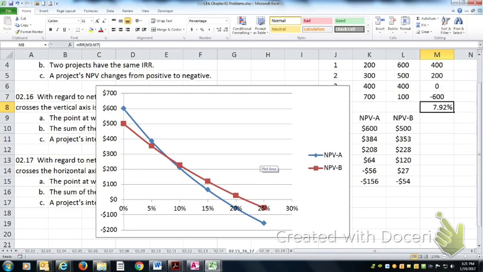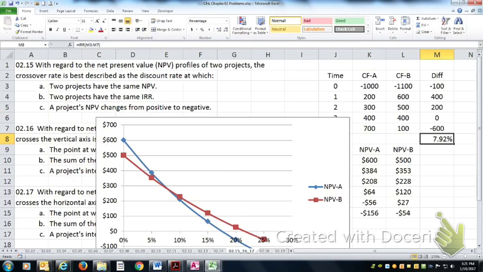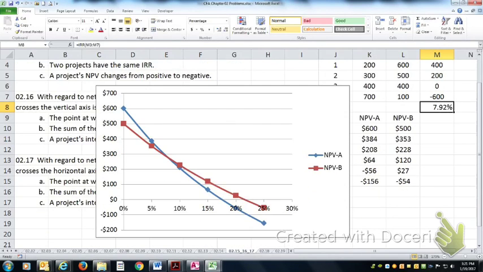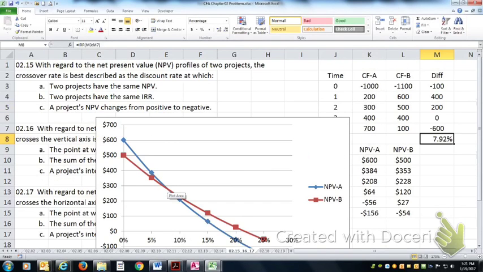So if the IRR for these two projects is identical, then at that point they're going to have the same NPV at this crossover point. Okay, so the crossover rate, 7.92, is the point at which they both have the same NPV, which is on the vertical here.